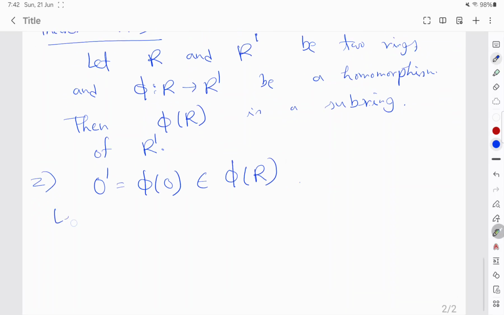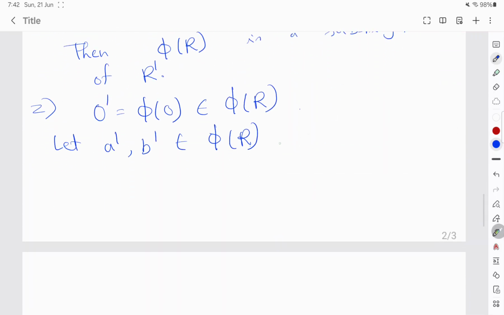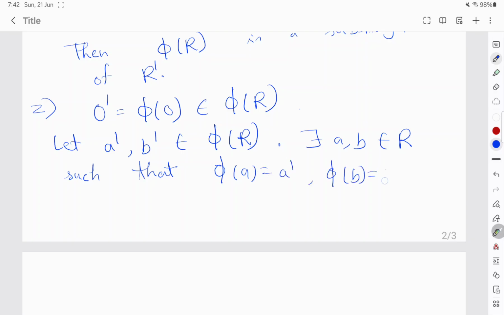Now just consider 2 elements. Let a dash and b dash belong to phi of R. That means there exist a and b belonging to R such that phi of a is a dash and phi of b equals b dash.